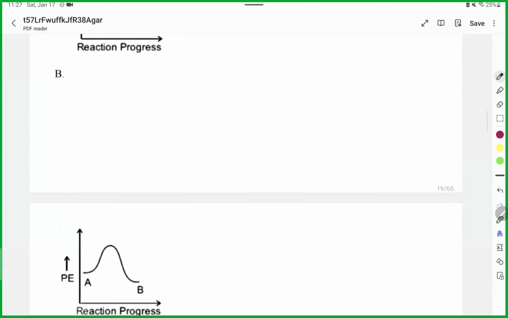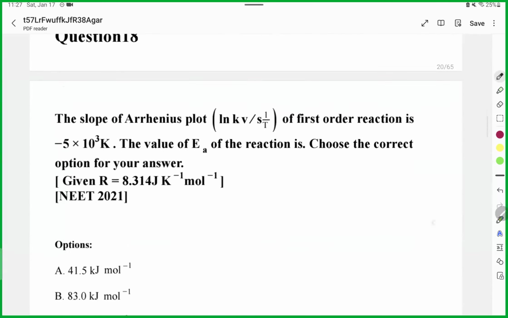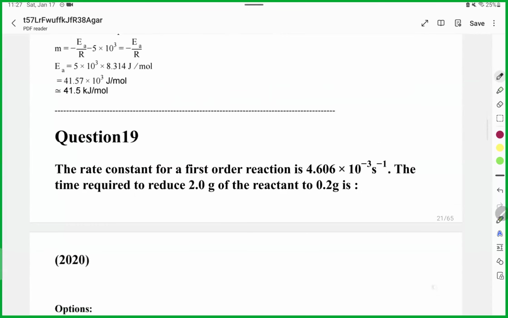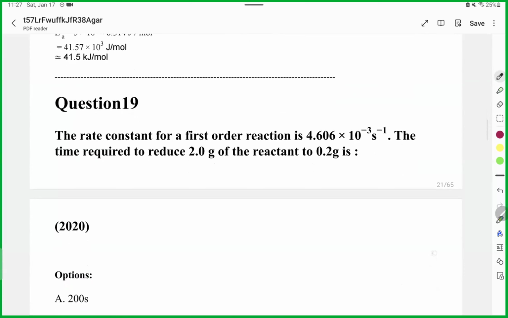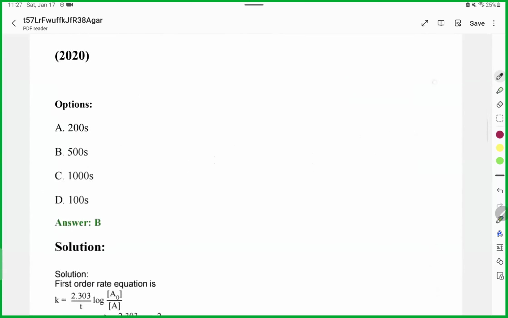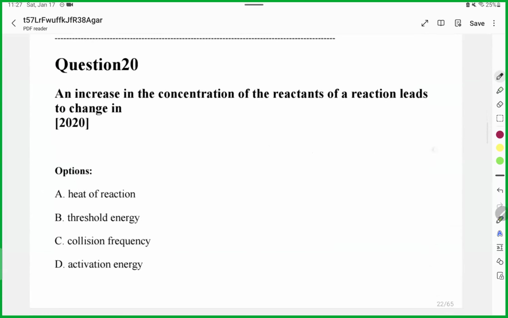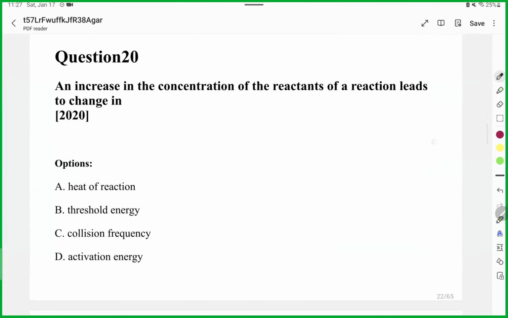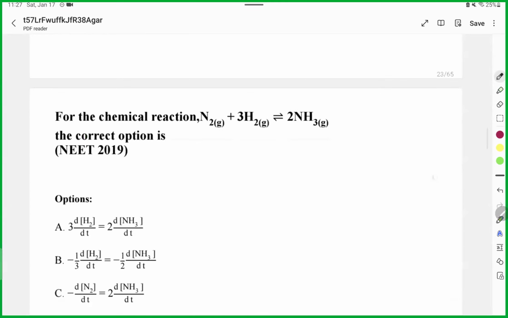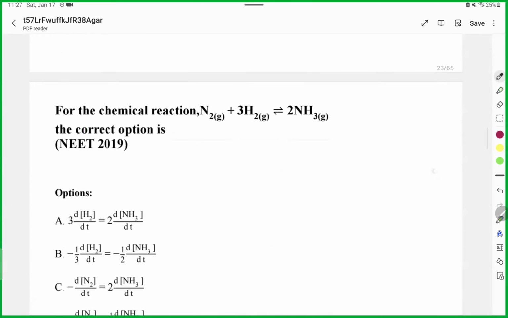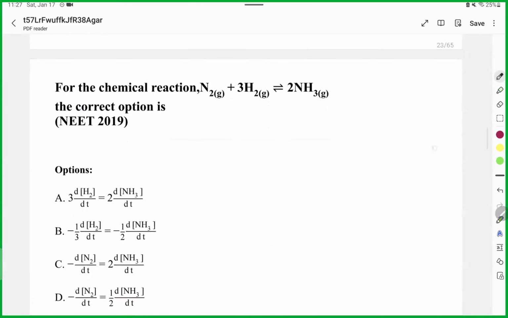One question on the Arrhenius plot. Sarah, we did the same question.